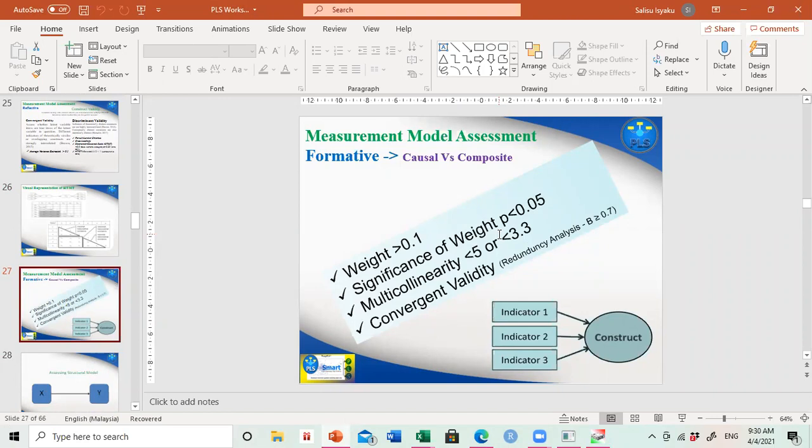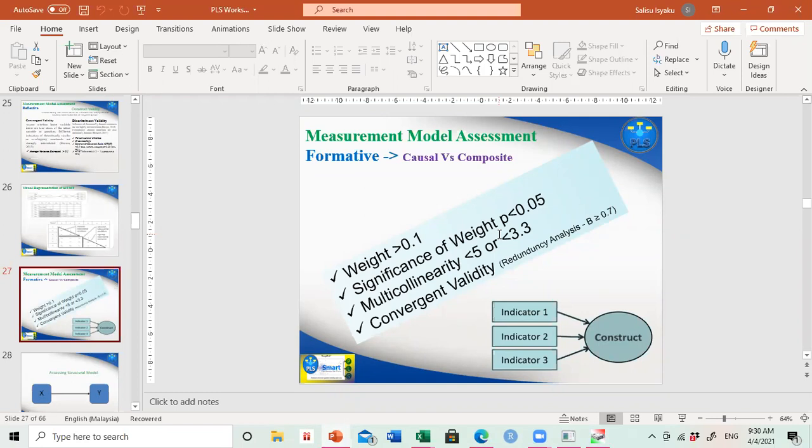We told you that a formative construct is a construct that has items that are forming the construct, not the construct forming the items. And we gave an example. I believe you must have understood the example that we gave yesterday. So when we are assessing the measurement model of formative items, there are two types of it.